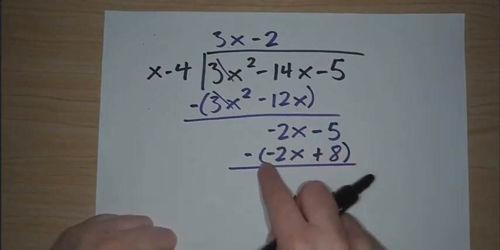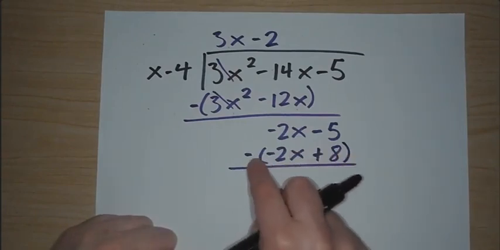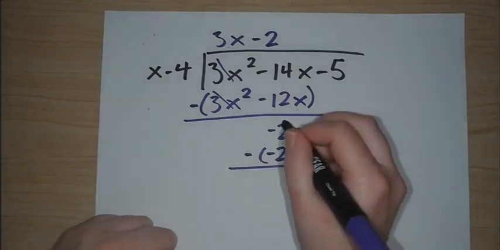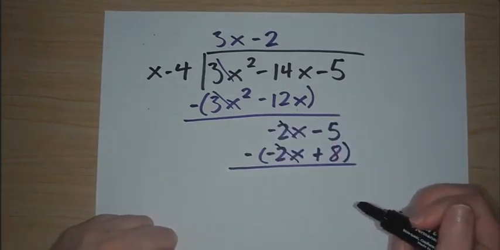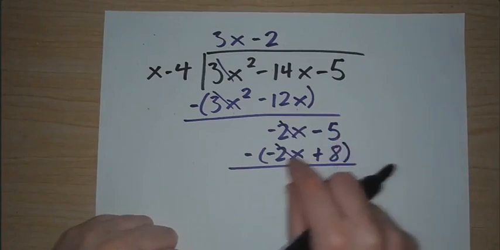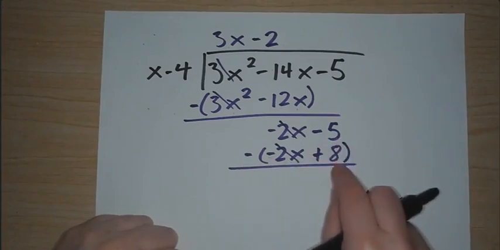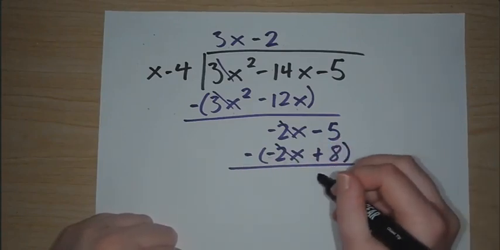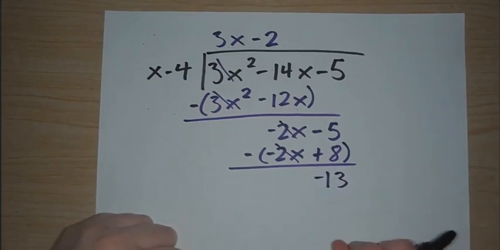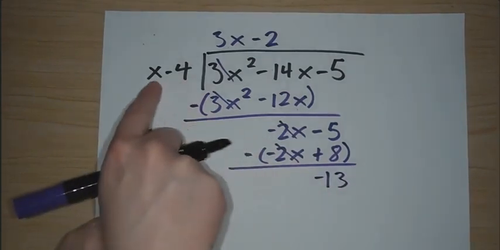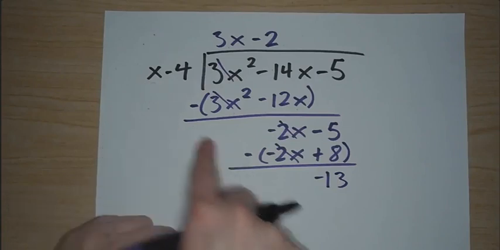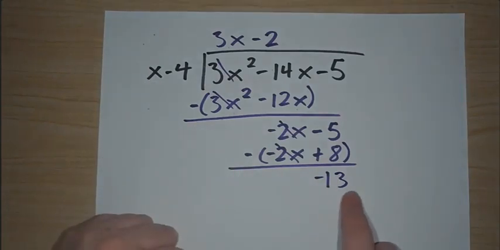So we have negative 2x plus 2x, because this negative distributes. So the negative 2x's cancel. We have negative 5 minus 8, which is negative 13. Now there's nothing we can multiply this x by to get negative 13, because negative 13 does not have any x's.